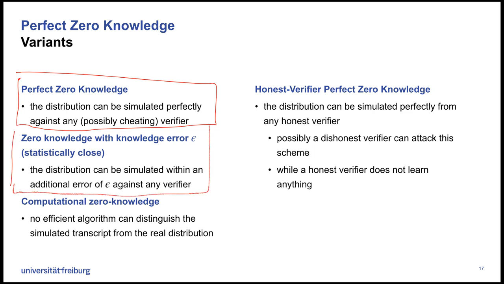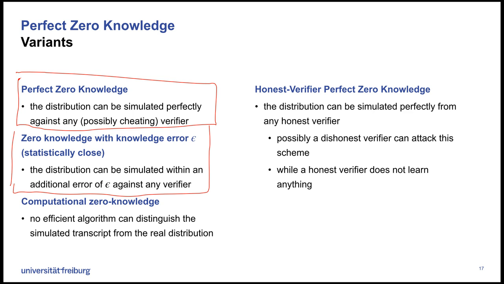That is nearly perfect, but with some very, very small probability, you have a deviation in the probability distribution. So this is not exactly the probability, but it deviates by some small value, which you cannot statistically detect. It's so close to perfect that you can run a lot of tests and you don't see the difference.